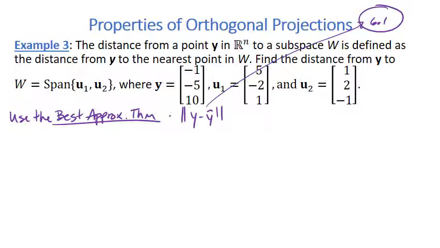The first thing we want to do is find y hat. We've done this a lot. So it is 15/30 times vector u1 plus negative 21/6 times vector u2.